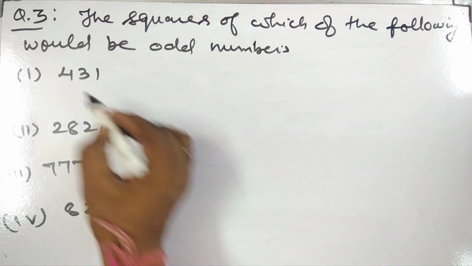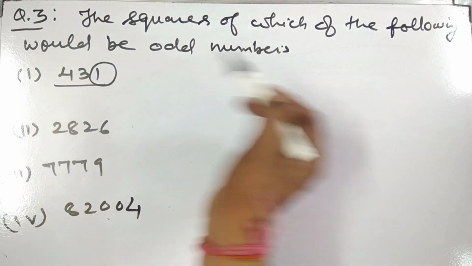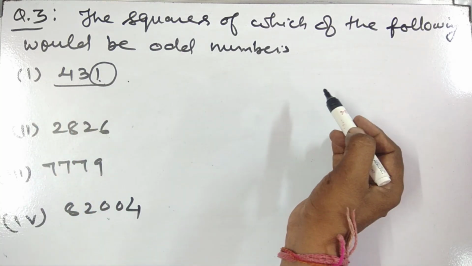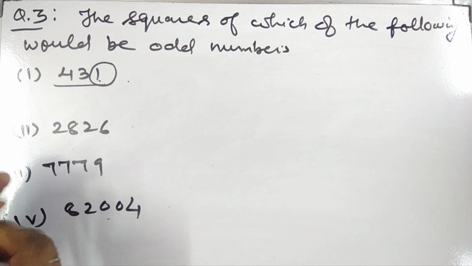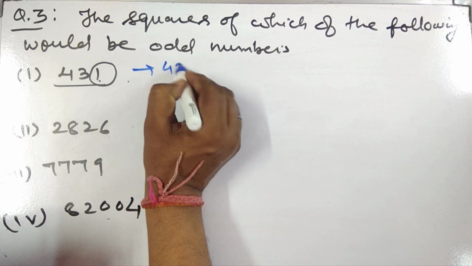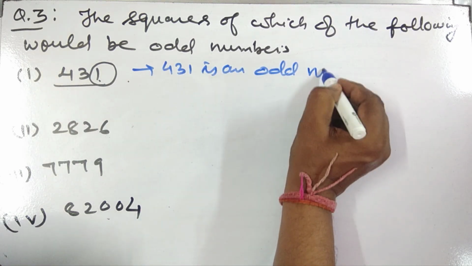If the unit digit of the given number is odd, then its square is also odd, students. So 431 is an odd number.